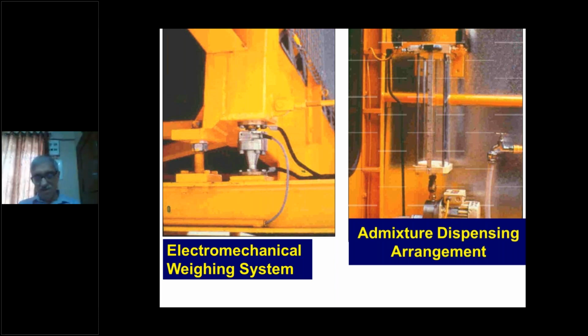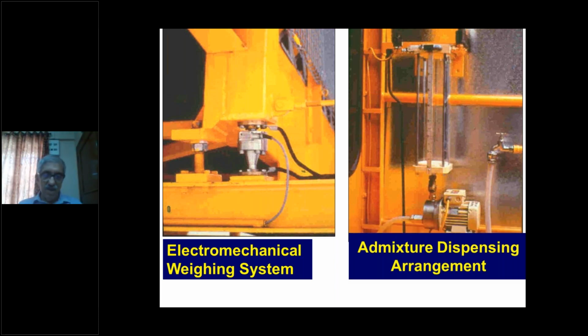The other advantage you get is dispensing of the chemical admixtures. These days, many people use chemical admixtures, especially in the RMC plant. Sometimes they use even 2 admixtures. And they have to be very accurately dispensed into the mixer.